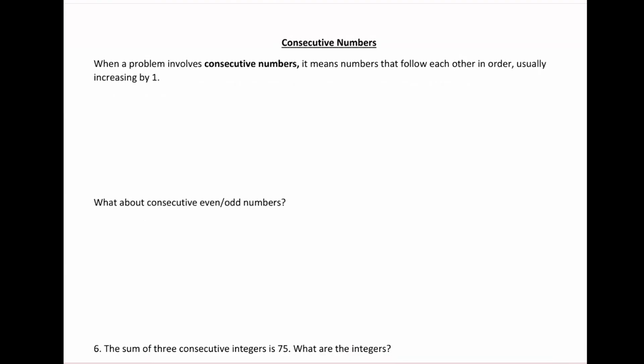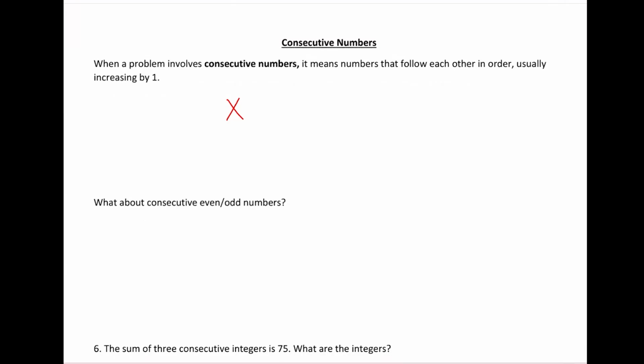So the way that we want to express consecutive numbers is, let's say, x was the smaller of the 2 numbers. So for example, let's say 10 and 11. If x is the smaller number, then how do we express the next consecutive number in terms of x?